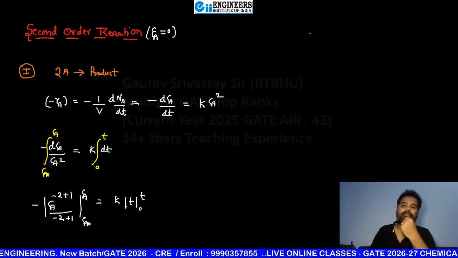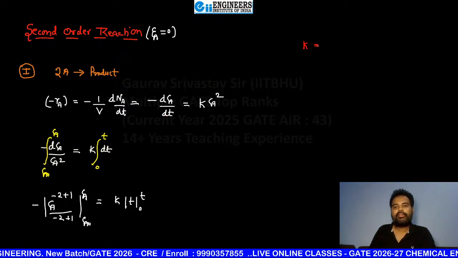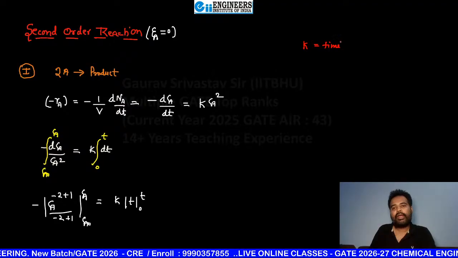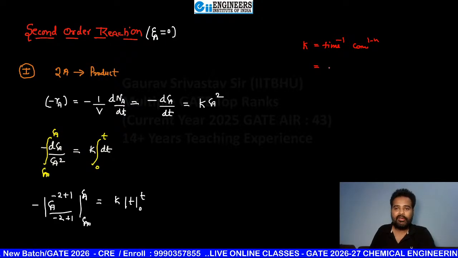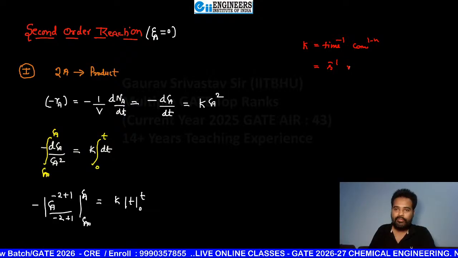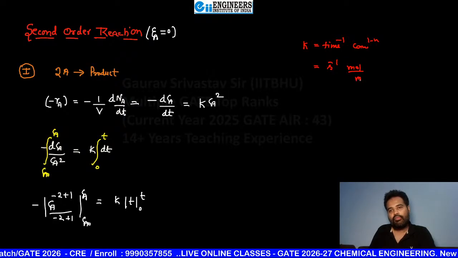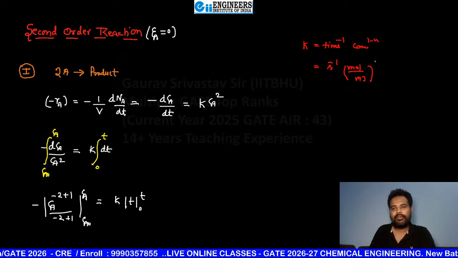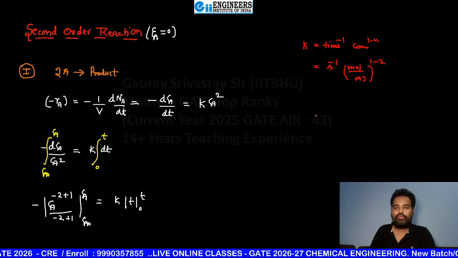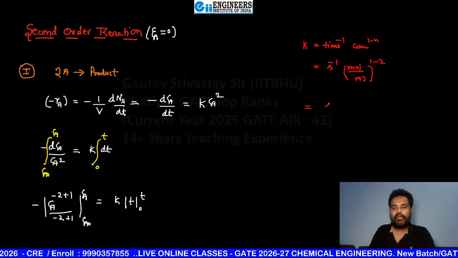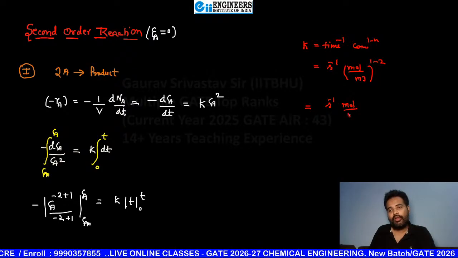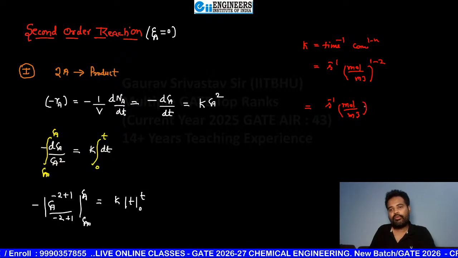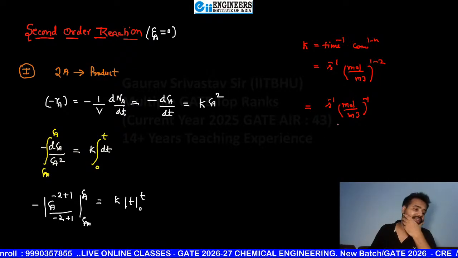This is second order now, so the unit of k is time inverse concentration raised to power 1 minus 1. Is it correct beta? क्या ऐसे ही लिखते हो? Please tell me everyone, is it correct? 1 minus order is 2. So it will be second inverse and mole per मीटर क्यूब इनवर्स. इज इट करेक्ट बेटा? एक बार जरा सभी लोग बताओगे.